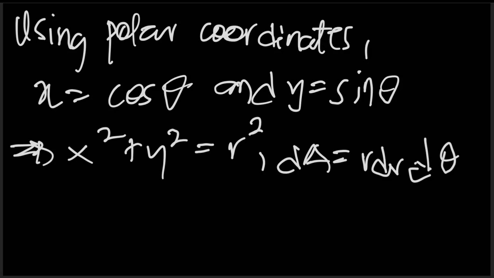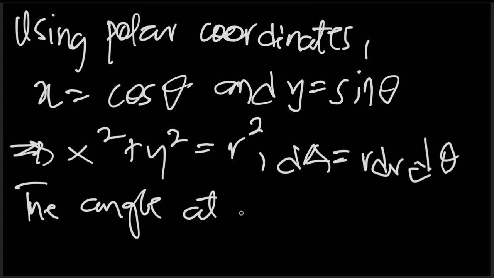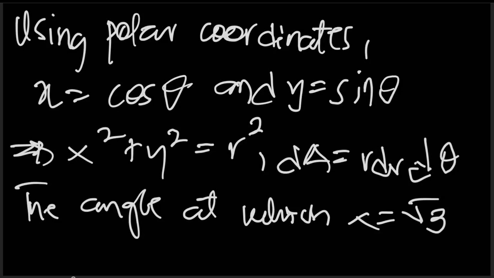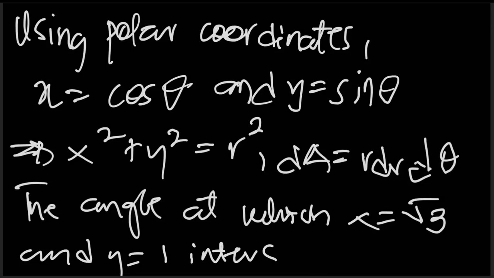So let's do it. So the angle at which x is equal to √3 and y is equal to 1 intersect.